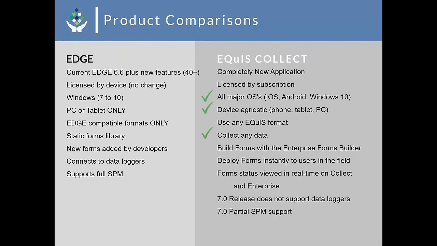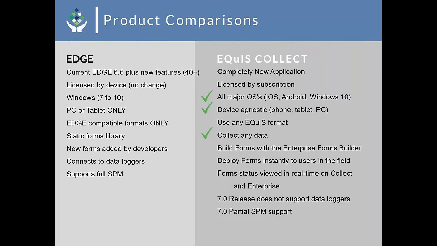So to compare these products a little bit, beyond just thinking about this spectrum of Edge versus Collect and which one you want to use for any given project, there are some things to be aware of for at least 7.0. Now, this may change in the future. I know that they're going to be adding more functionality to Collect as we go.